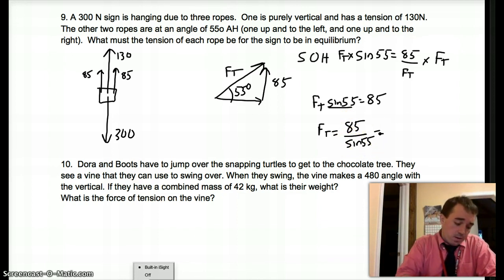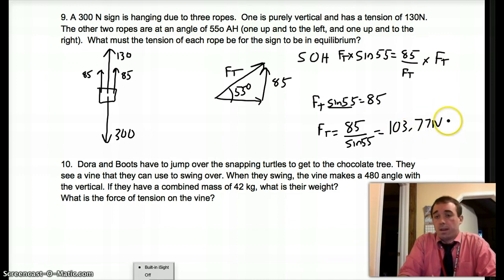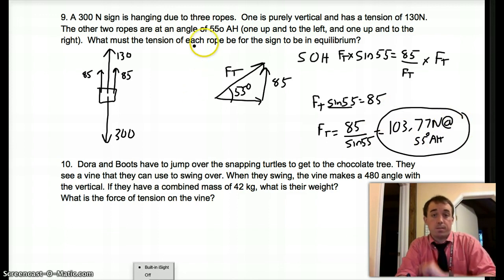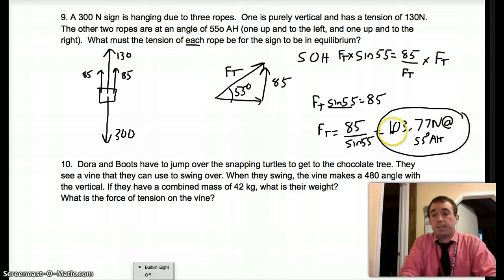So you can do 85 over the sine of 55, which is going to give us a tension force, which is our hypotenuse, of 103.77 newtons, and really you should formalize it to say at 55 degrees above the horizontal. So both of them have the same angles. The tension of each rope is the 103.77 newtons.